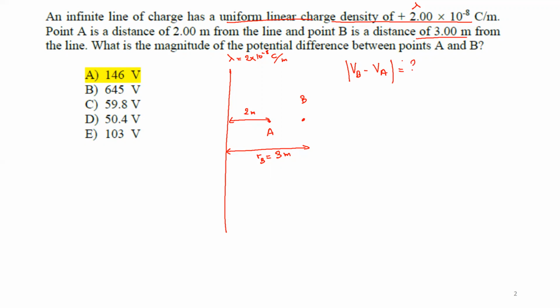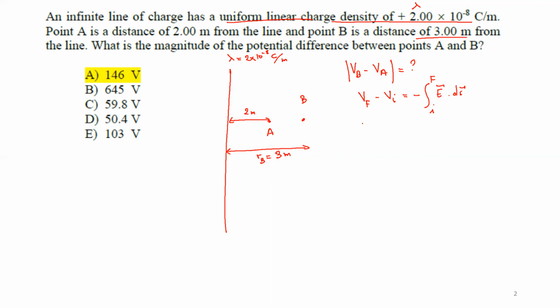Well, you know that I can get the potential difference: V final minus V initial between 2 points is just minus the integral between initial and final of E dot ds. So if I know the electric field created, and I know ds, which is a vector displacement, I can know the potential difference between initial and final.